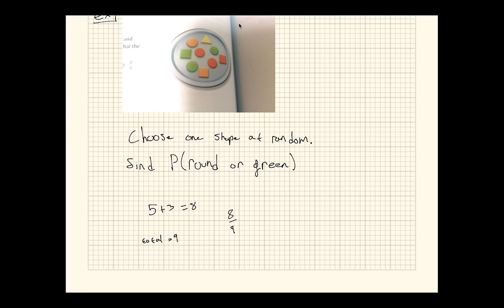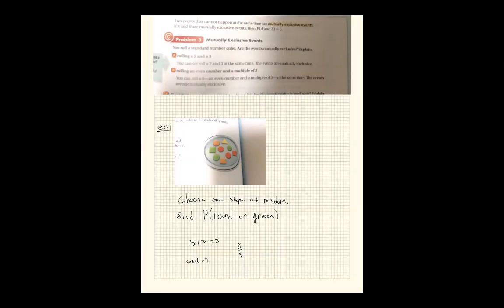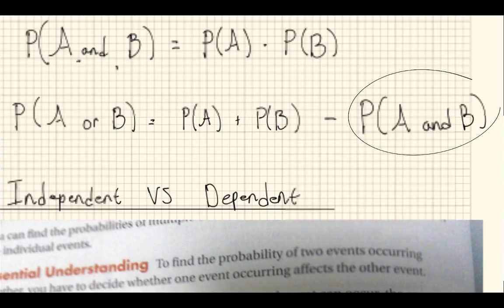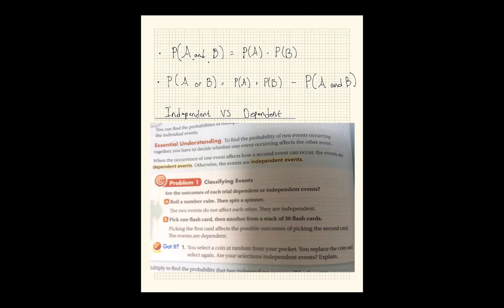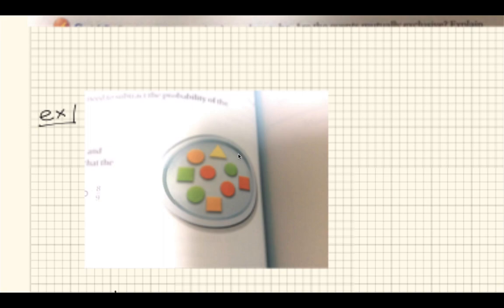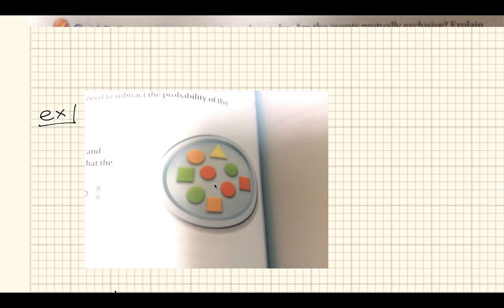So if you think about it, going back to our formula, that's where this portion of the formula comes into play, where you subtract your duplicates. I have 2 that are both green and round.